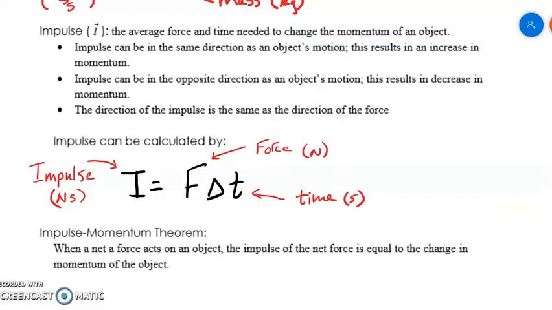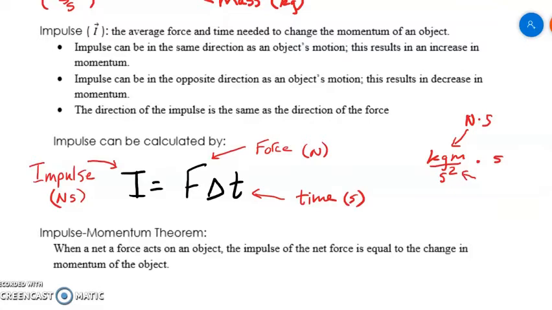If we look at newton seconds as its own unit, newtons times seconds, remember that newtons is actually a compound unit. It's kilogram meters per second squared. And if we take that and multiply it by seconds, what happens is this squared goes away. We're just canceling out one of the seconds.